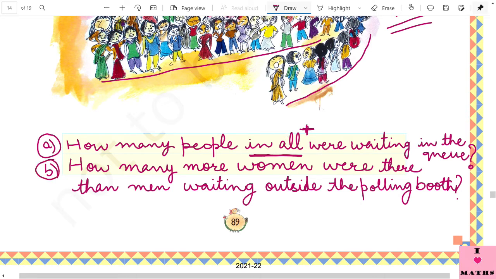Now, in question number B, when we want to find out how many more women were there than men, in such a case, we are going to subtract. We are going to subtract the number of men from the number of women. So see, we made two questions for one condition. Okay, let's move ahead.